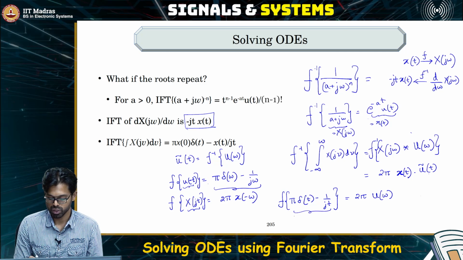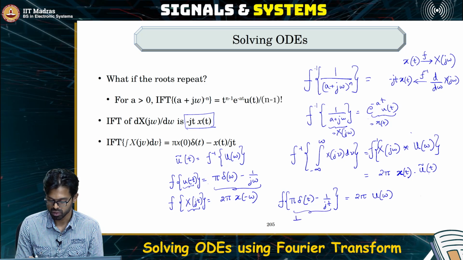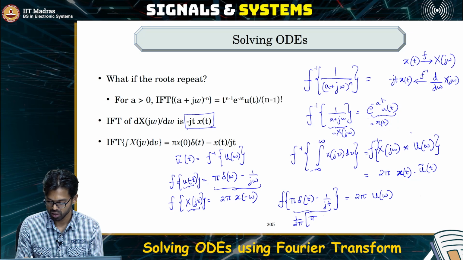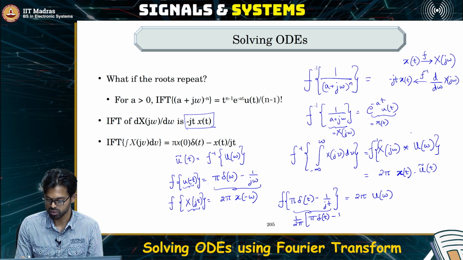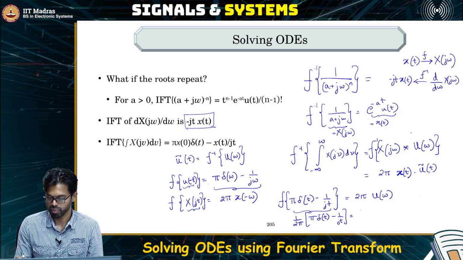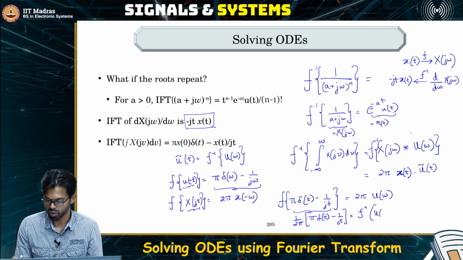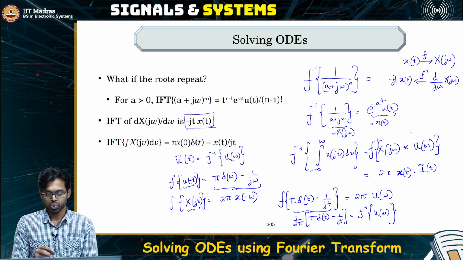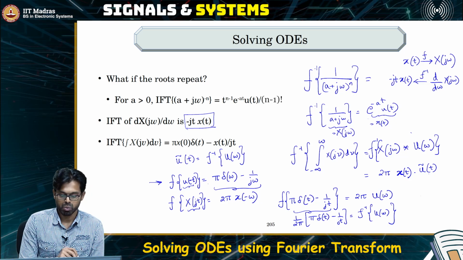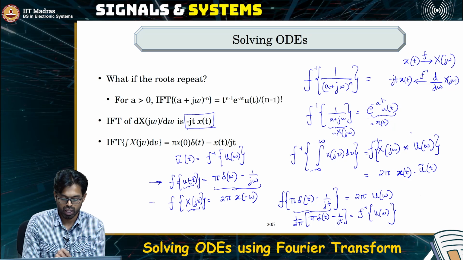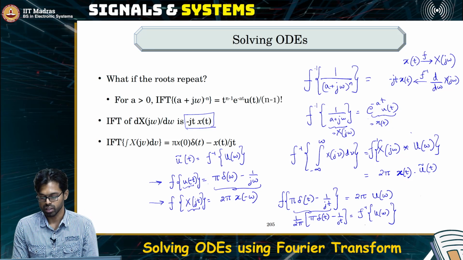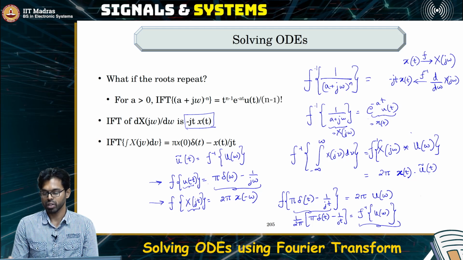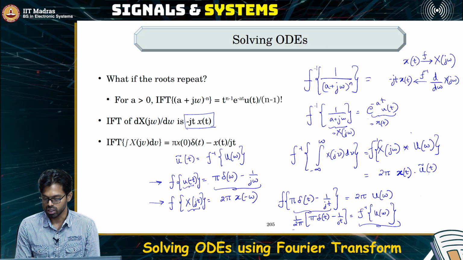So the inverse Fourier transform of u of omega is given by, just bring 2 pi this side, we have... So using the properties of the Fourier transform of the unit step function in time domain and duality, we found out that the inverse Fourier transform of the frequency domain unit step function is this expression.